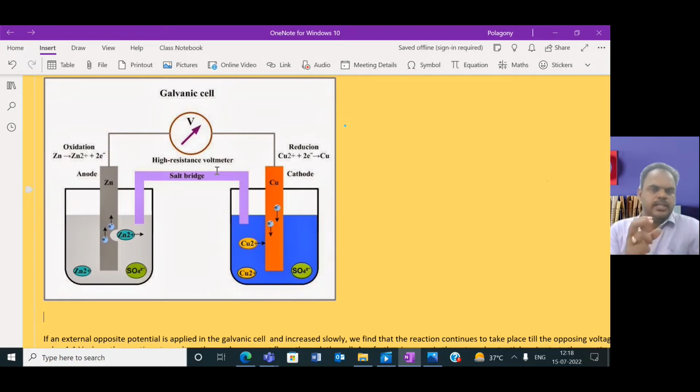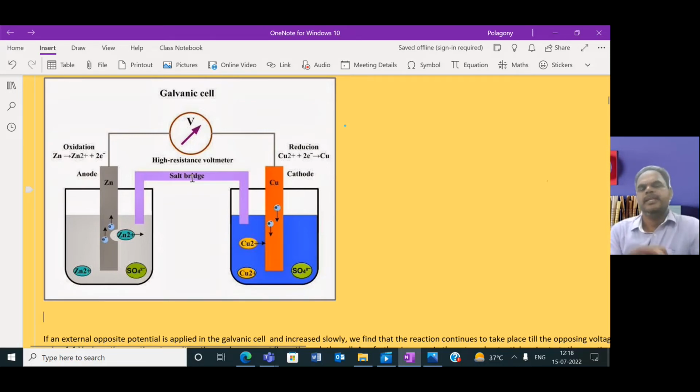The salt bridge is only permeable for the ions, and it permits the ions to enter into the two half cells.